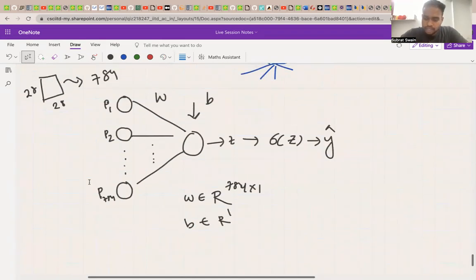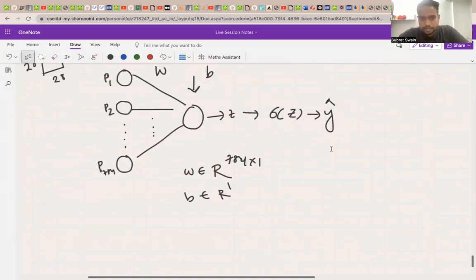This is a one layer neural network where the inputs are pixels, and you are multiplying pixels with W and adding a bias, then you get Z. You apply a non-linearity on Z and you get Y hat.